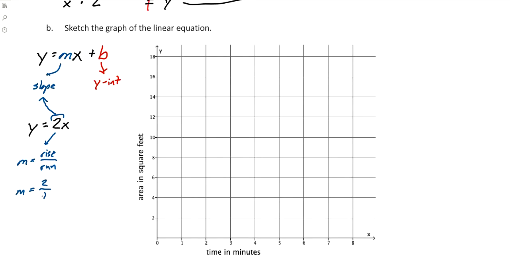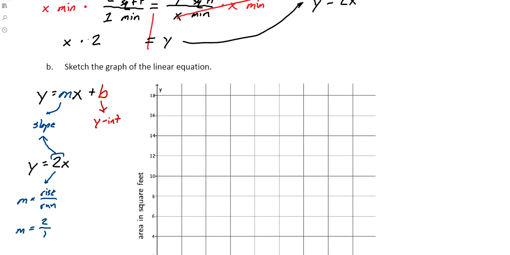We know how to get from one point to the other, but what is a starting point? Well, a starting point in this case is going to be the y-intercept. So remember, the y-intercept is the y value of wherever the line crosses the y-axis. So the problem in this is we don't have a constant being added.